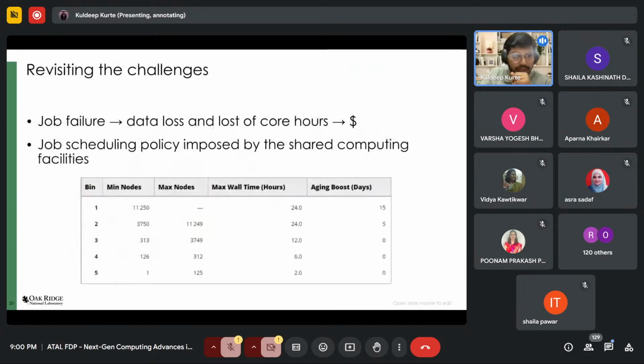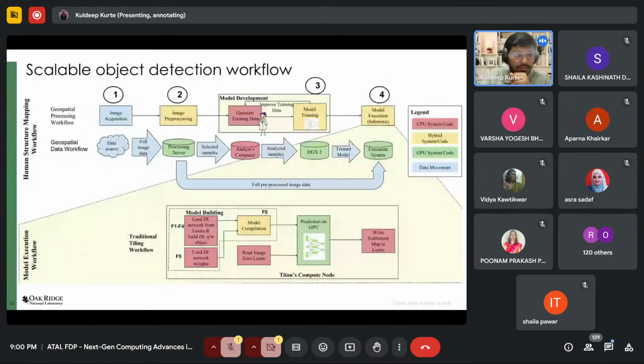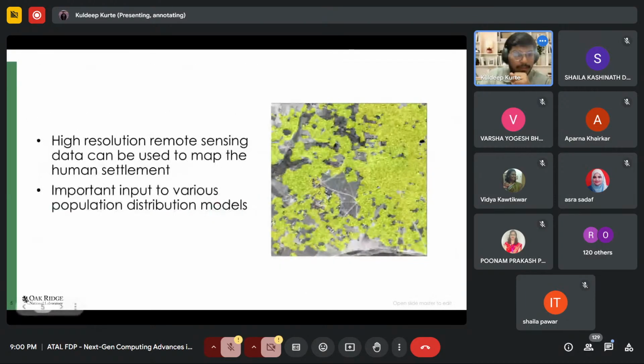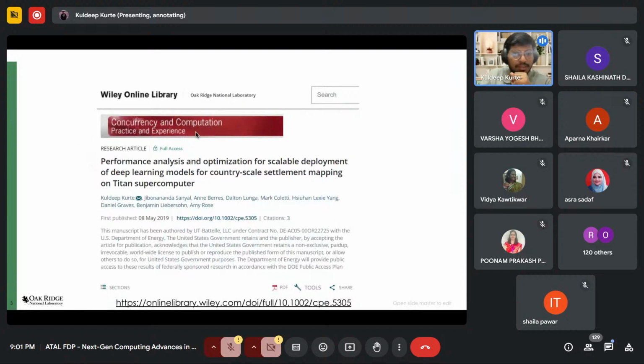One of the journals where we published our paper is CCPE, Concurrency and Computation: Practice and Experience. This is another journal where you will see people publishing papers that have both the angles, application as well as technical. I would say that strategy might work well.